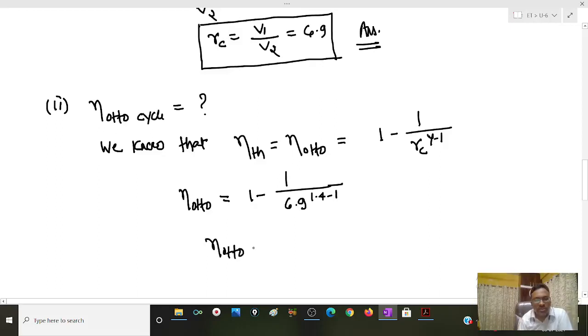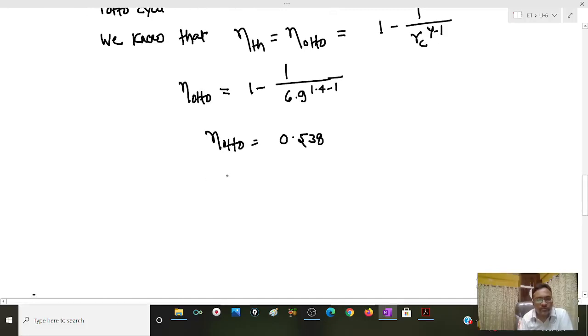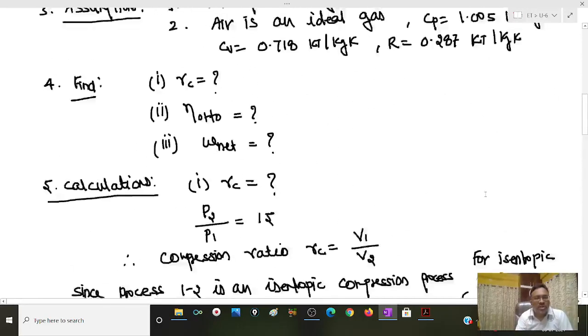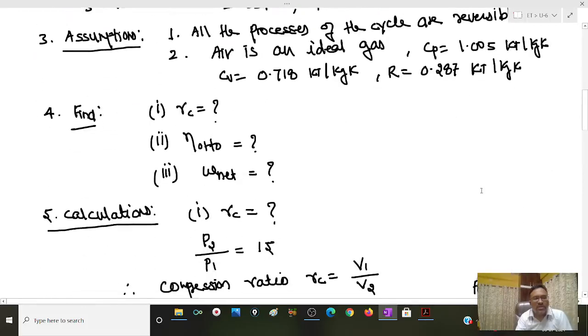So the thermal efficiency of the Otto cycle comes out 0.538, or 53.8%. So this will be the required answer number 2. And the third point to be calculated is W net.